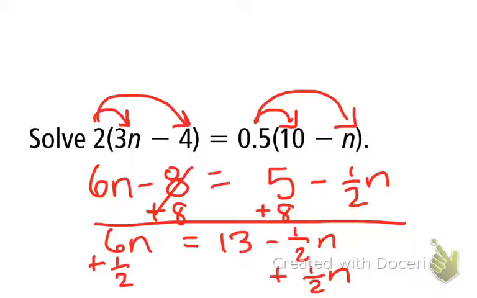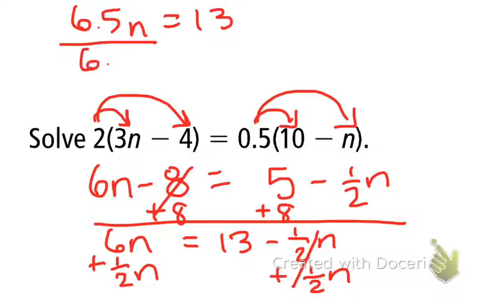And I'm going to go ahead and change that to a decimal when I add, and I'm going to continue this at the top. So I have 6.5n is equal to 13. So if I divide both sides by 6.5, I find that n is equal to 2.